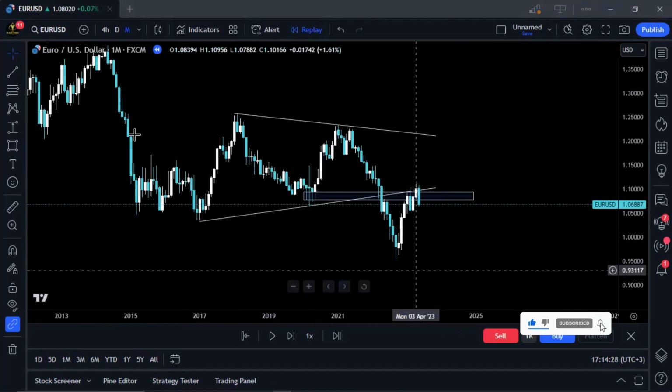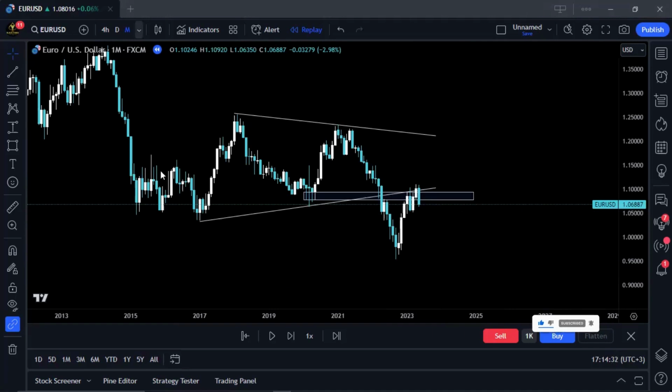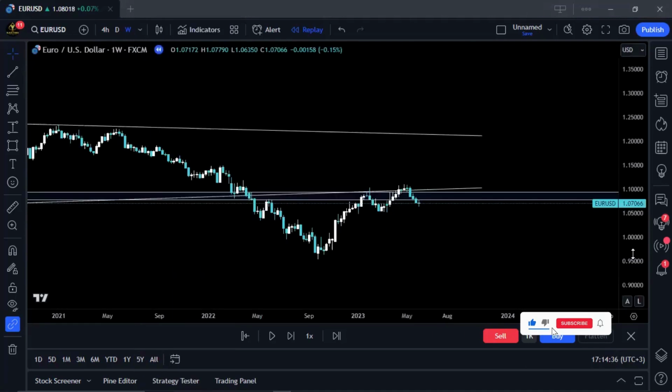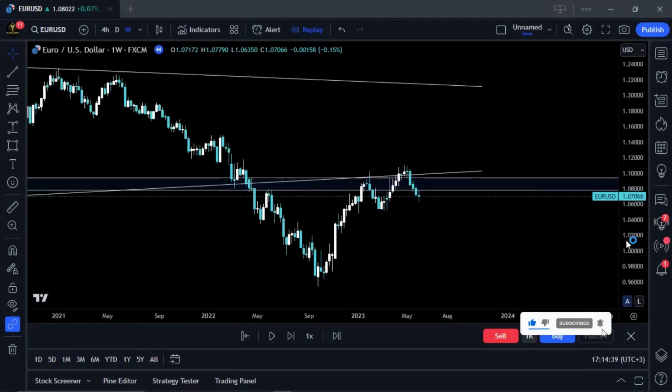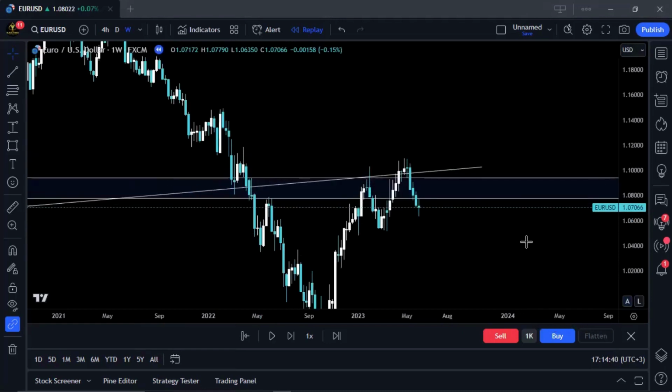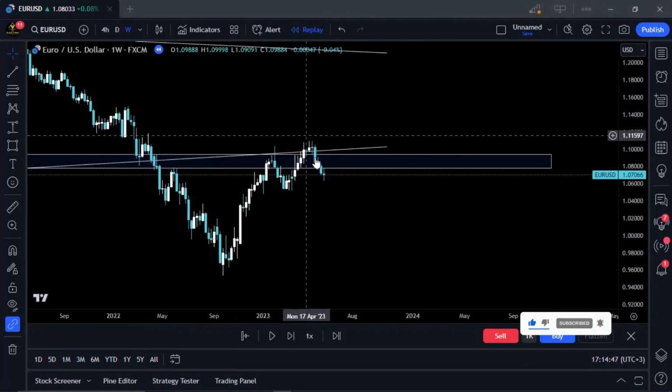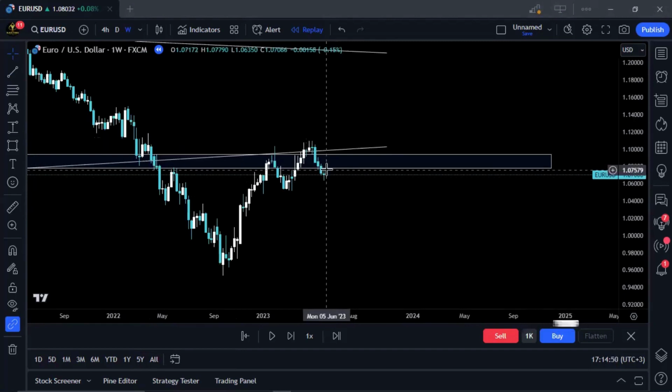Okay, so here we are on the monthly perspective. So we can actually go on the weekly. On the monthly, we see as if prices are having a very strong bearish momentum, but here on the weekly we can see the bearish momentum is kind of thinning, right?